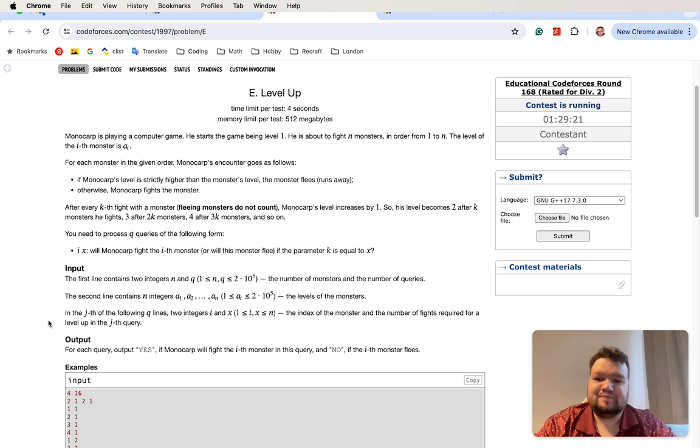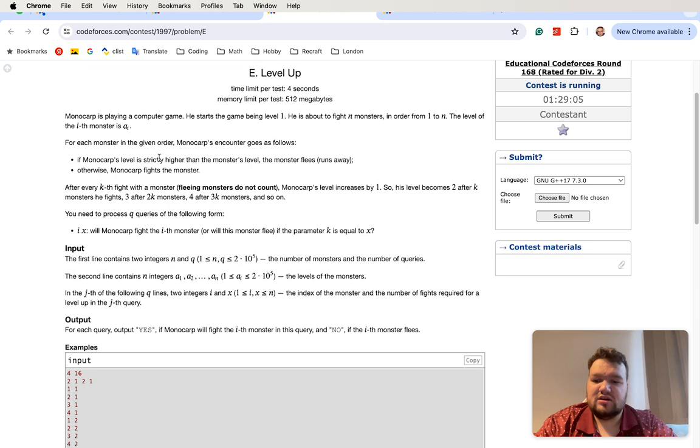Problem E. Playing computer game. Monocarp starts the game being level 1. He's about to fight n monsters in order from 1 to n, so we can't change the order. The level of each monster is a_i. For each monster in the given order, the encounter goes as follows. If our level is strictly higher, the monster flees, otherwise we have to fight.